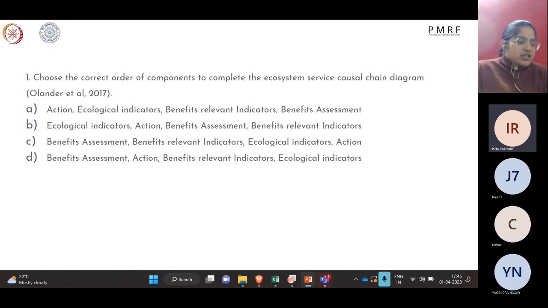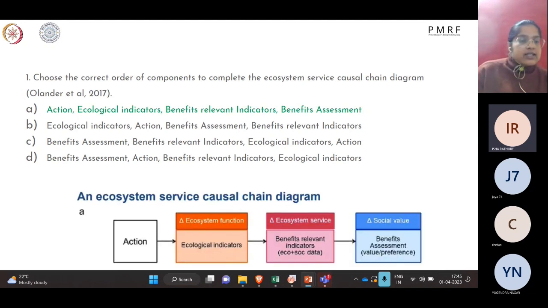So this is from ascending to descending. The first step is first, and the last step is last. So the correct answer is A. That is, first you look at the action, then you look at the ecological indicator, then you look at the benefits relevant indicator, and then you look at the benefits assessment, that is, whether a social value is being disrupted because of the disruption to this ecosystem service.